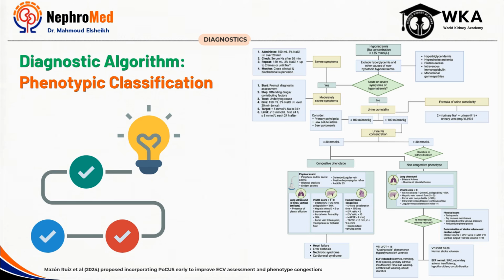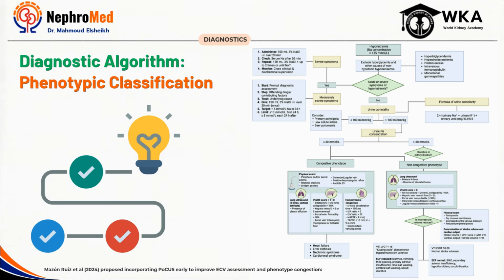So after discussing the individual tools, the next step is integrating everything into a structured diagnostic approach. Modern hyponatremia evaluation is increasingly moving toward what we call phenotypic classification, meaning instead of relying on a single lab value or isolated physical finding, we combine clinical phenotype, hemodynamics, lab data, and imaging information to define the underlying physiological pattern.